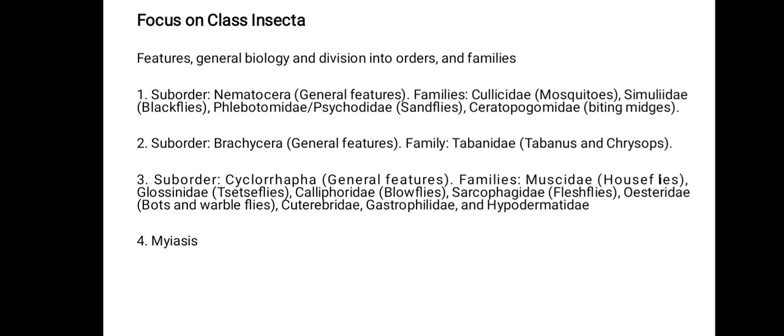Then the Glossinidae, the tsetse flies, the Calliphoridae, that is the blue flies, the Sarcophagidae, the flesh flies, and the Oestridae, the bot and warble flies. They are all the families that we are interested in, that we will discuss among some others.